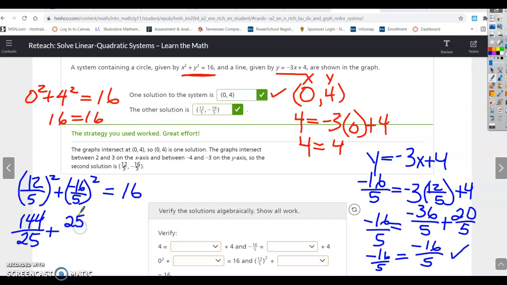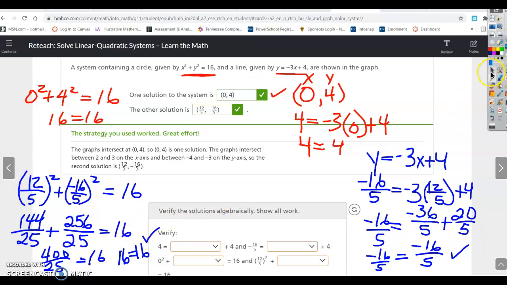Negative 16 squared is still positive because anytime you square a number, it's going to be positive. And does that equal 16? So we've got 256 plus 144 is 400 over 25. And 400 divided by 25 is 16. So 16 equals 16. We can see that these are verified as well.